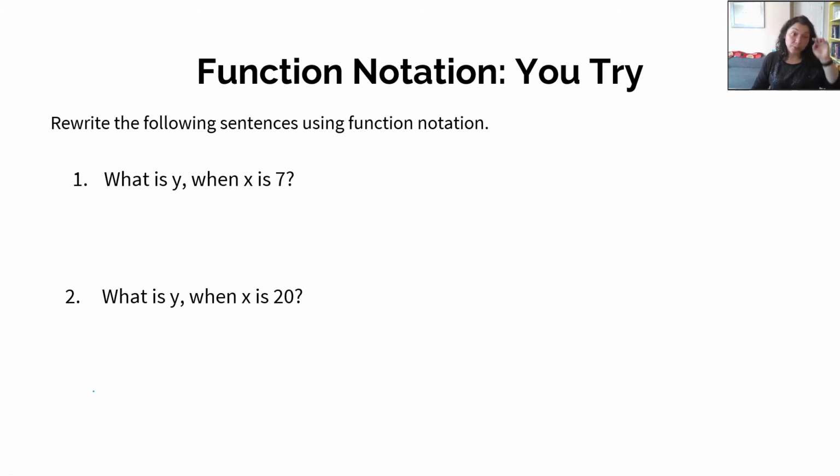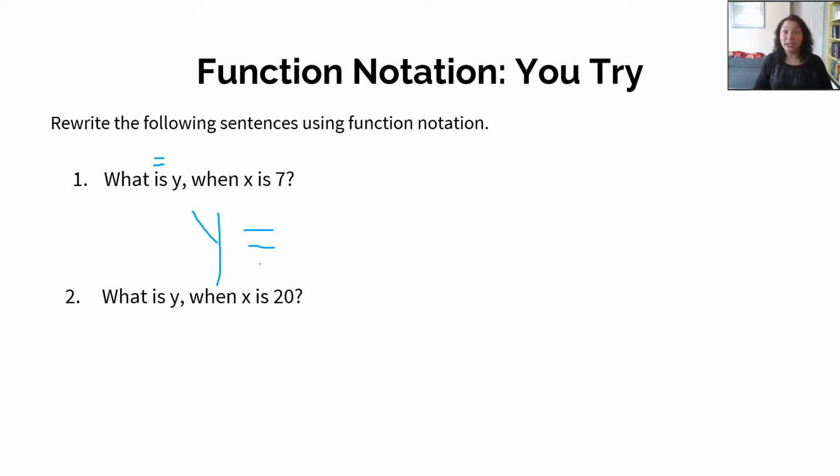So what is Y? I want you to think of "is". Always remember that means equals. So whenever it says, what is Y, think of Jeopardy. You're going to take it and go backwards.